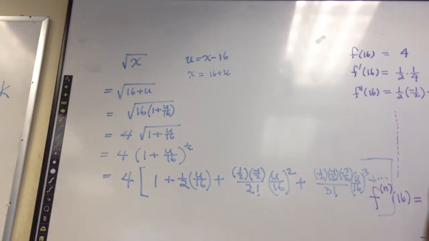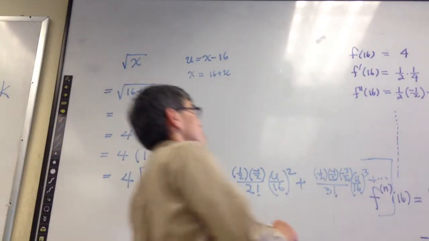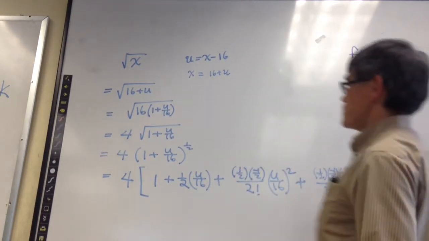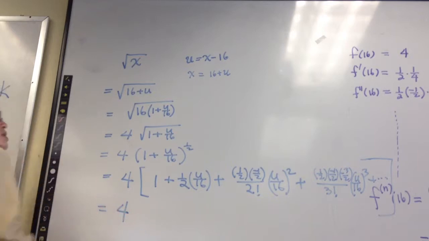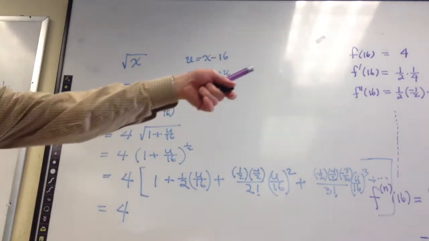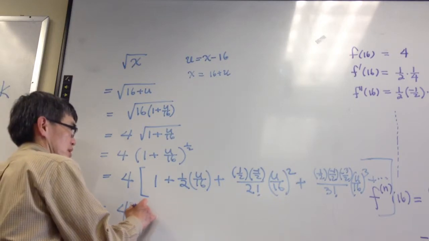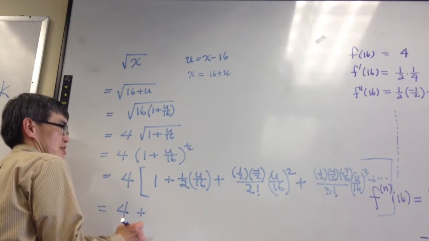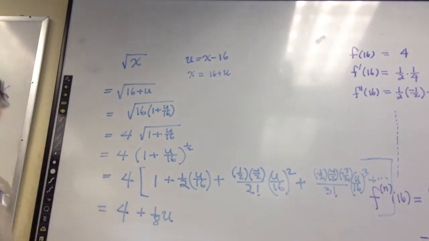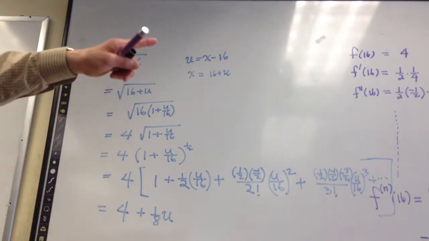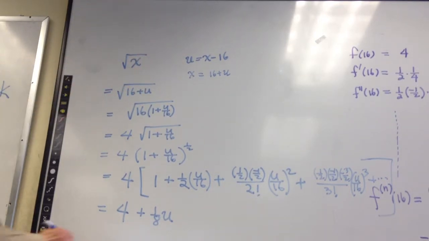Okay? So what you have then is, first term is 4. Is that what we have? Yeah. Second term is what? Is that 1/8? That's what we have, isn't it? All right, u means x minus 16. What is the third term?